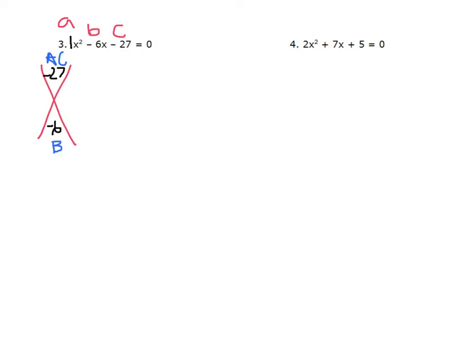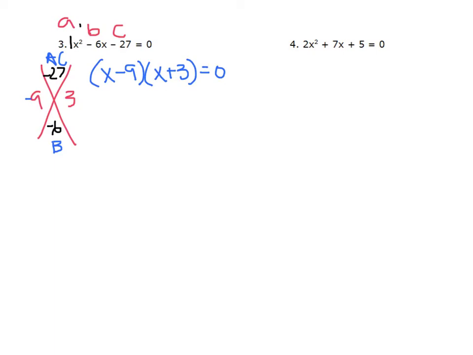Two numbers that multiply to -27 and add up to -6. 9 and 3. One of them's got to be negative, and that's got to be the 9. So -9 and 3. So I get x minus 9, x plus 3 equals 0.